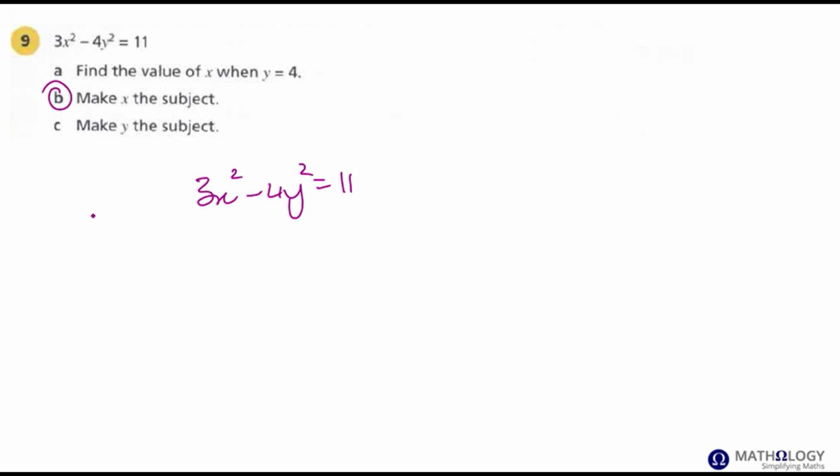So we're going to start with part b. The term that contains x is this term here, 3x squared. Anything that is not part of that term can simply move to the other side of the equation. So minus 4y squared, we're going to move to the right. So 3x squared equals 11 plus 4y squared.